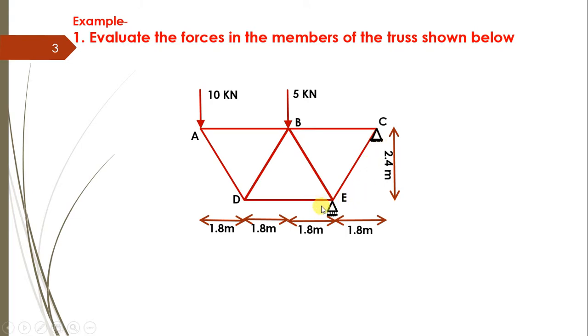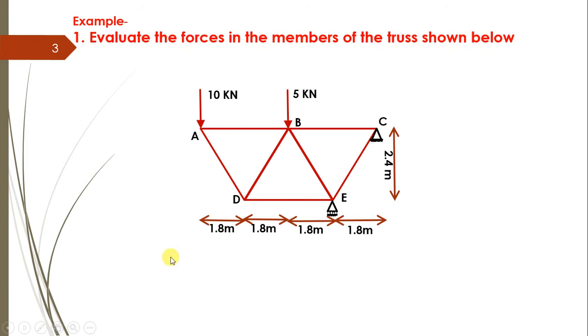And at joint E, with a triangle and some rollers, this is a roller type of support. Then at joint A and at joint B, vertical forces of 10 kN and 5 kN are applied. Again, the horizontal and vertical dimensions of the given truss are provided here.